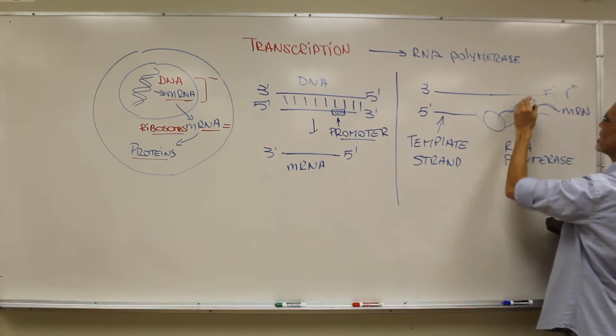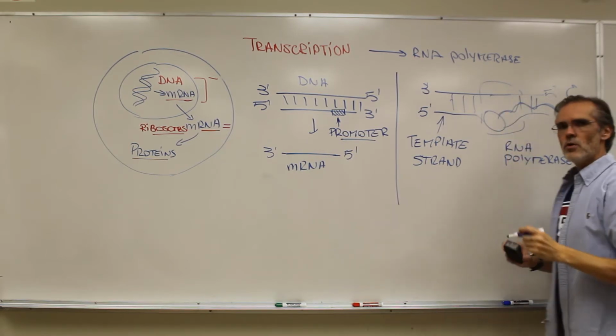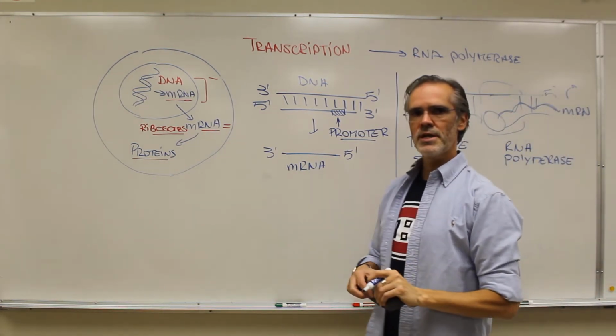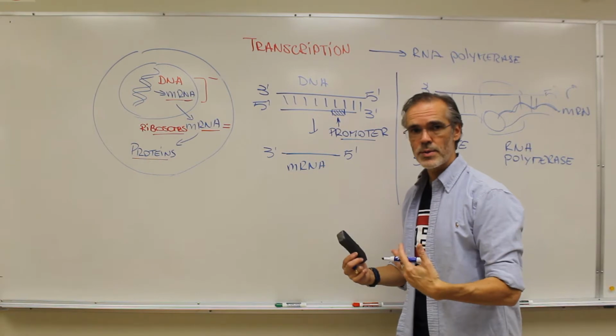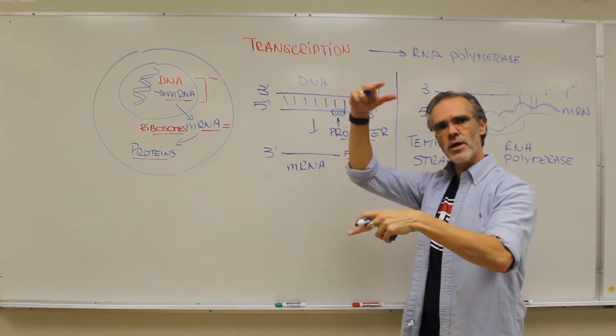And you see here, it creates this bubble. Remember the replication bubble for DNA? Well, this one is called a transcription bubble, because the DNA is temporarily disconnected from the other strand.